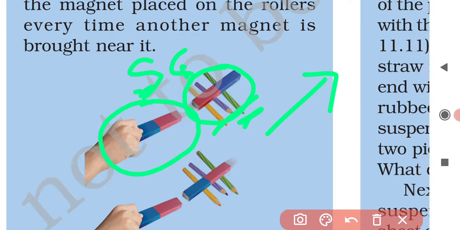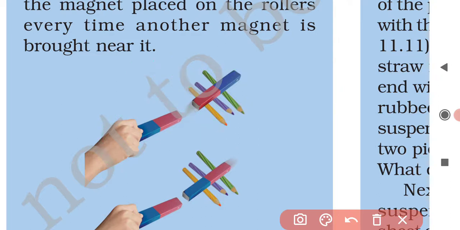That means like poles. What are the like poles here? South pole and south pole. Okay, the like poles of magnets exert a magnetic force of repulsion.